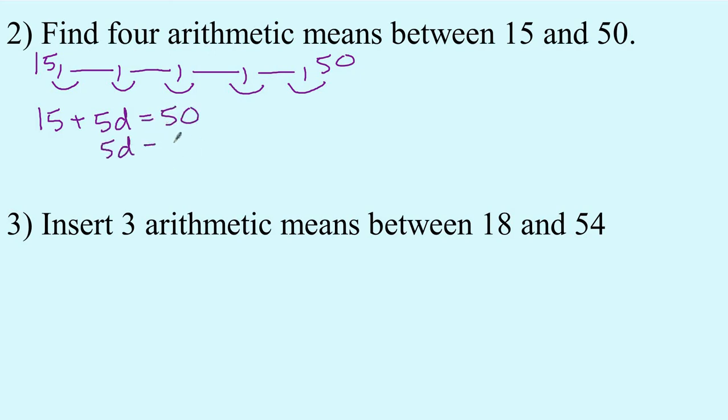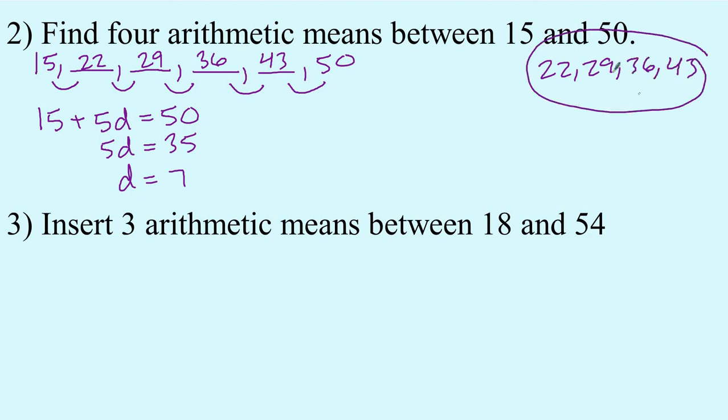So we get 5d equals 35. So the difference is 7. Oh, but that's not our answer. Don't do what I just did. Add 7 to 15, right? Add your difference. So we get 22. Then we get 29. Then 36, 43, and then 50. So the answer, in order, would just be those 4 terms.